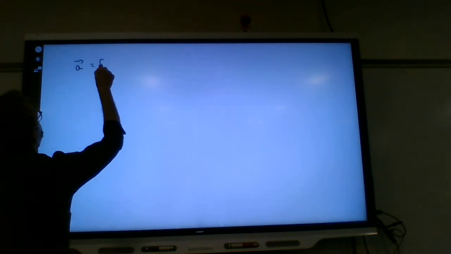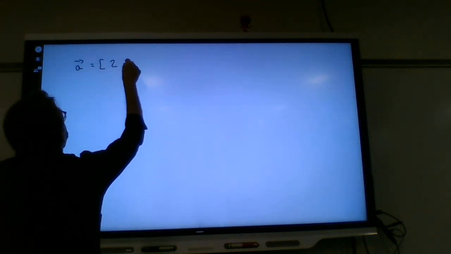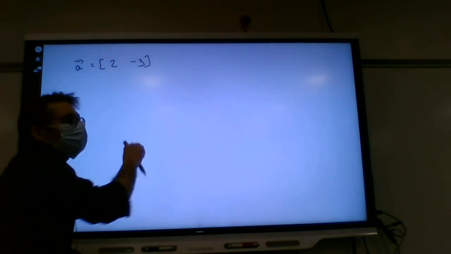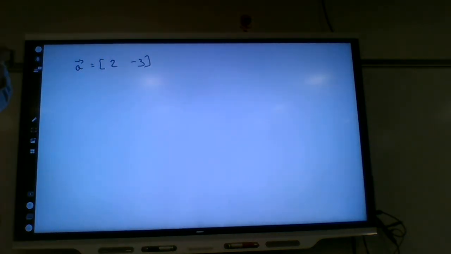All right, so let's say that we have a vector, I think A was 3, 3 before, but let's change it. Let's say we have a vector 2, negative 3. All right, so we're just looking at two-dimensional vectors right now.